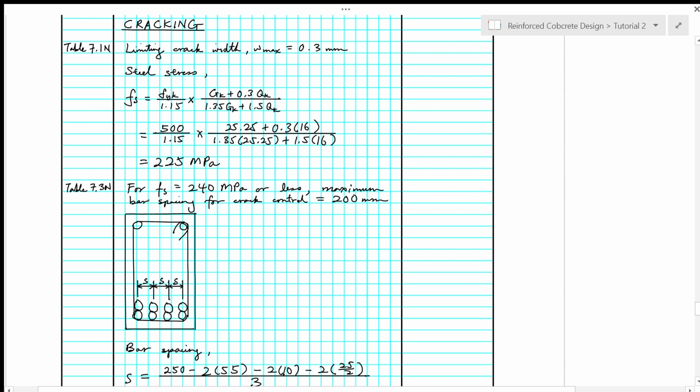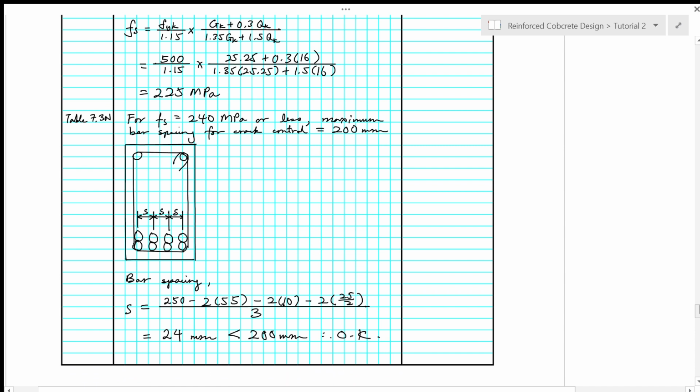So we have maximum bar spacing for crack control is 200 mm. Next, we calculate the spacing for the arrangement of steel that we have designed. So we get 24 mm, so it's less than 200 mm, so it's okay.